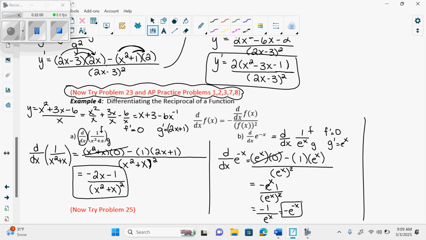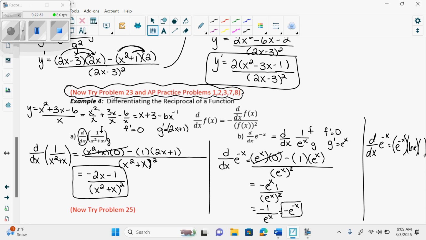So if I have d over dx of e to the negative x, this is a numerical base. e is a number, right? 2.7181, blah, blah, blah. To a variable exponent, what did I tell you you have to do? You first rewrite it, so e to the negative x, and you get ln of the base, so ln of e, and then what do you multiply by?